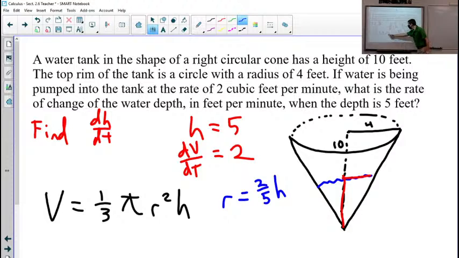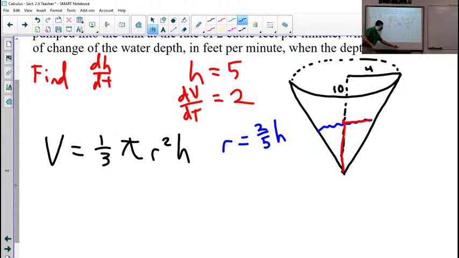So instead of using r and writing out a big product rule, I'm going to take that 2/5 h and put it in for r.